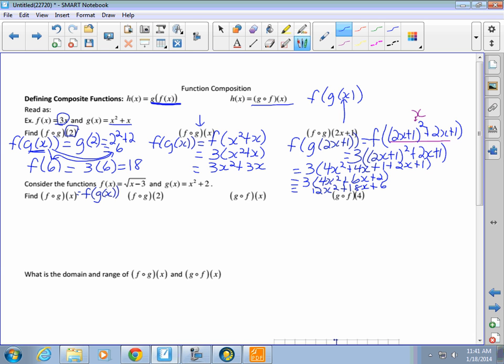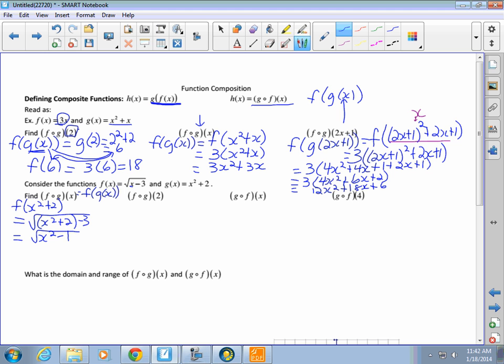So to start with, I'm going to substitute in x squared plus 2 wherever there is an x in my f function. I'm going to put this underneath here because I'm going to run out of room. So this equals, there's an x right here, so instead of that x, I'm going to have square root of x squared plus 2 minus 3. So x squared plus 2 minus 3 is x squared minus 1.